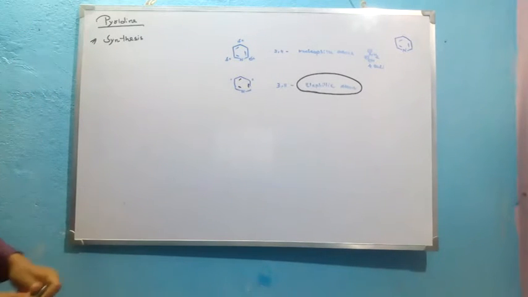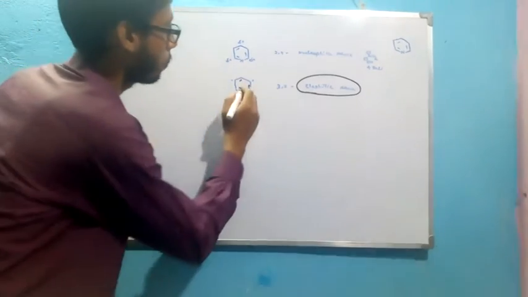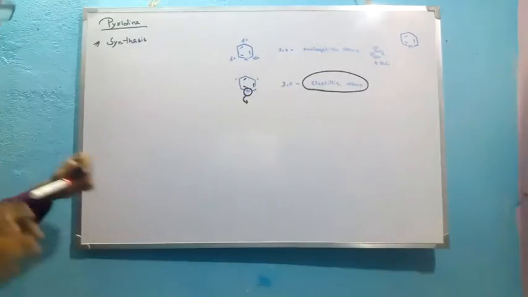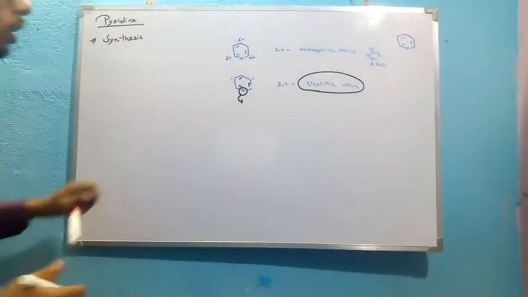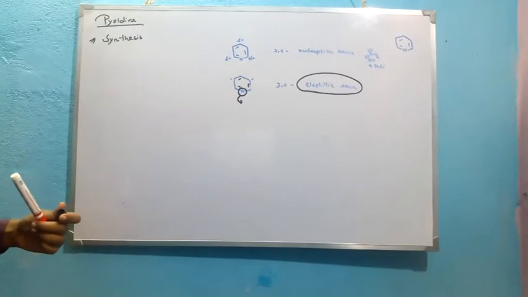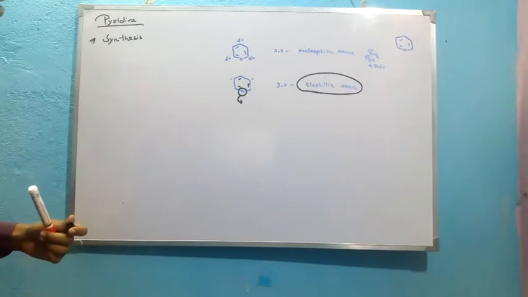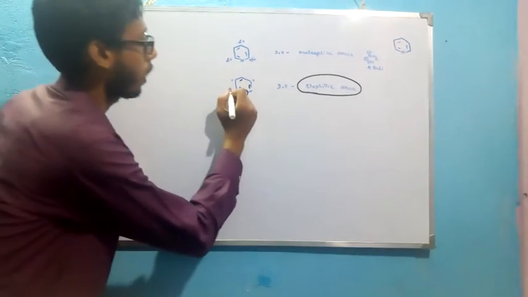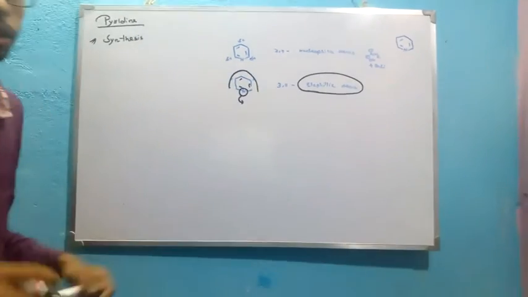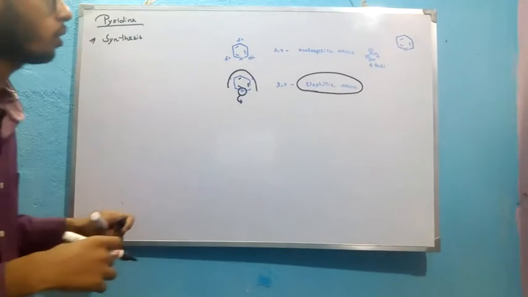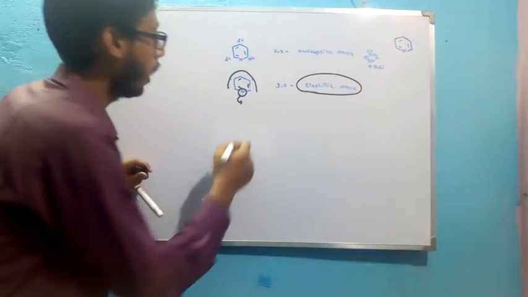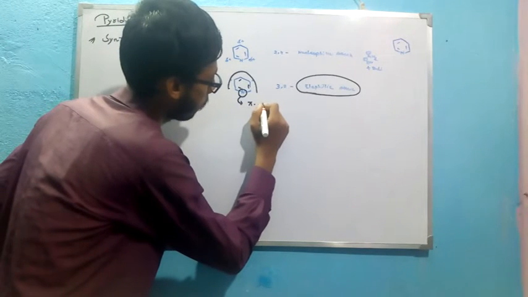The first reason is the presence of the nitrogen, which is a more electronegative atom. Due to this electronegative nitrogen, it pulls the electrons towards itself, so the surface of the pyridine becomes less electron-rich, and so it is a pi deficient compound.